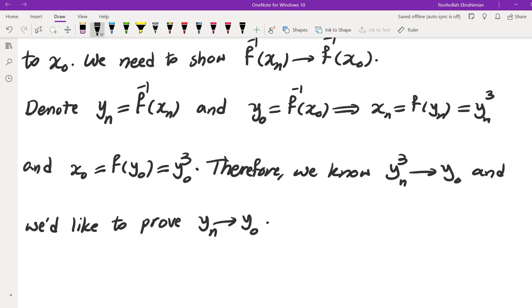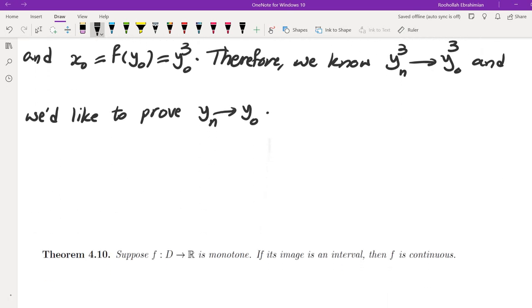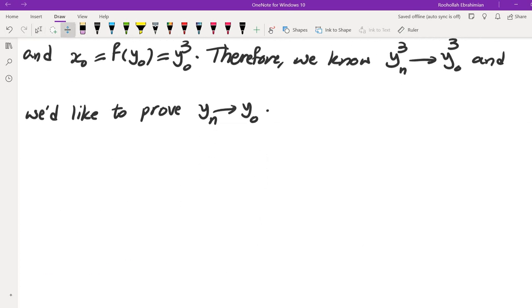So this is what we're trying to prove: yn cubed approaches y0 cubed, and we want to show yn approaches y0.